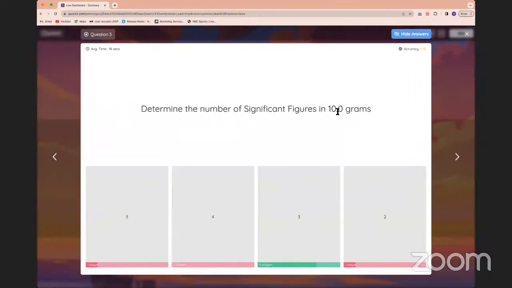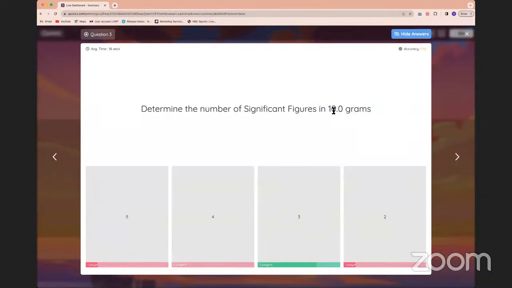The number of significant figures here is 3 because first of all, here you have a trailing 0, which is significant. So it's a 0 at the end of the number and to the right of the decimal point. And then the other 0 is between 2 significant digits.